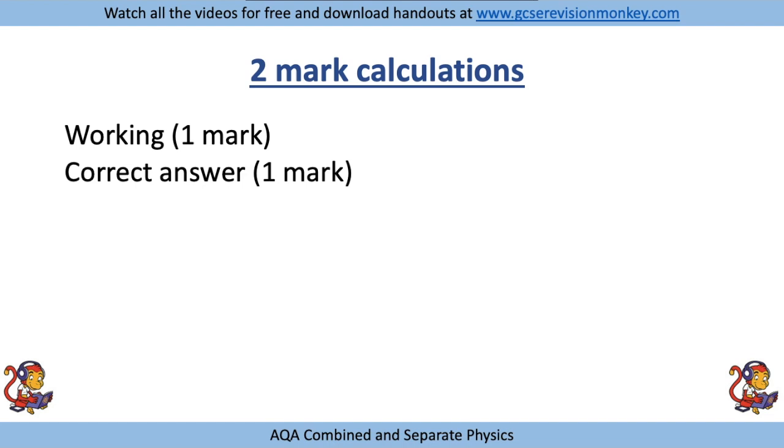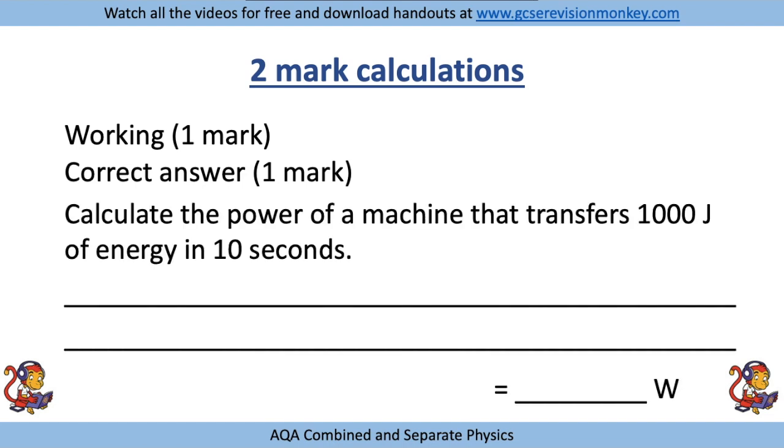So let's have a look at this question. It says calculate the power of a machine that transfers 1000 joules of energy in 10 seconds. So you can use a highlighter in the exam to highlight the question. And you've already written down your equation, but if not, you know you're looking for the one with power, energy, and time.